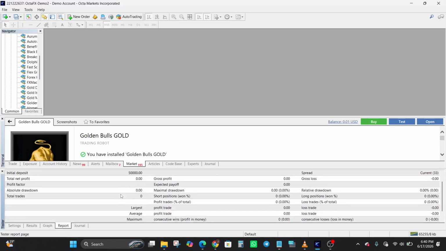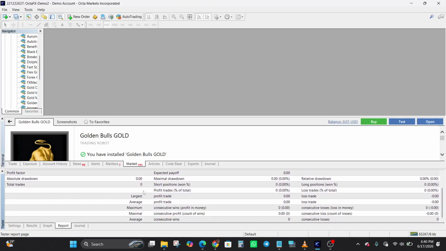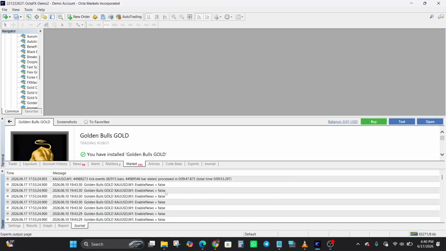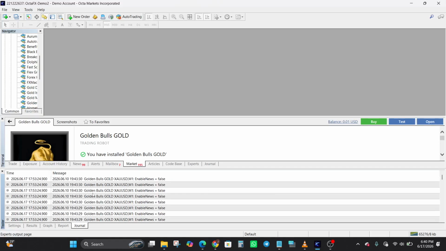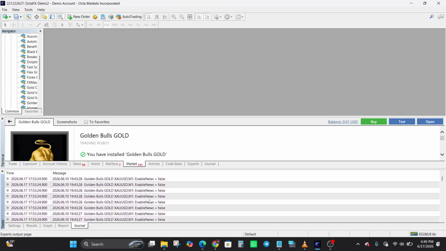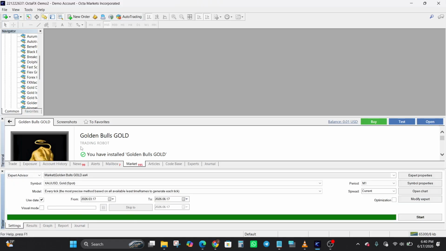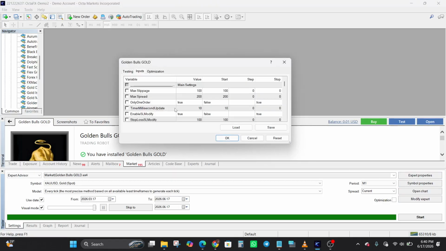Looking at the reports, I can see that initial deposit is $50,000, but there was no total net, there was no trade recorded. Coming to the journal here, I can see there seems to be no error message, but I'm seeing here enable news false, false, false, false, false, right? And let's just go turn on the visuals and let us see. Let us get to the export properties and enable.